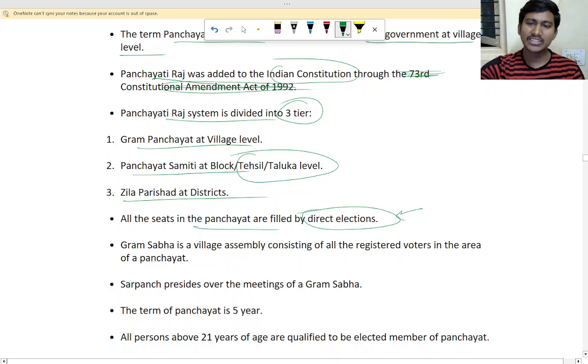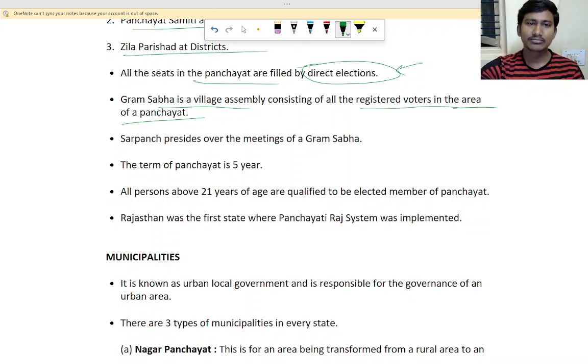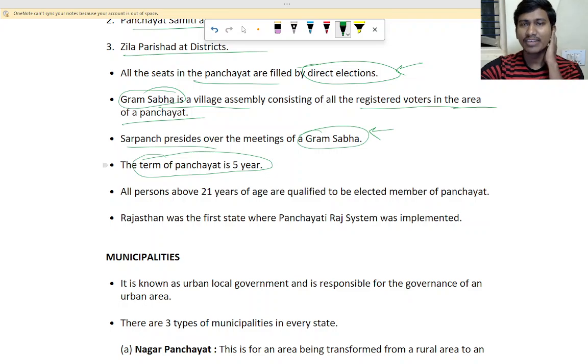You may know Panchayat elections are conducted. Gram Sabha is the village assembly consisting of all registered voters in the area of the Panchayat. The Sarpanch presides over the meetings of the Gram Sabha in the Gram Panchayat. The term of a Panchayat is 5 years.